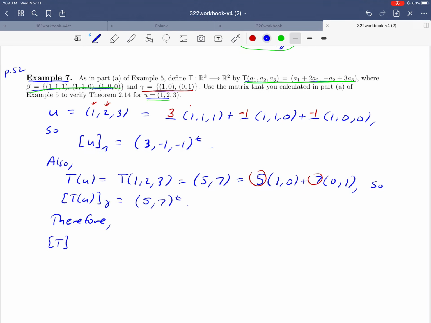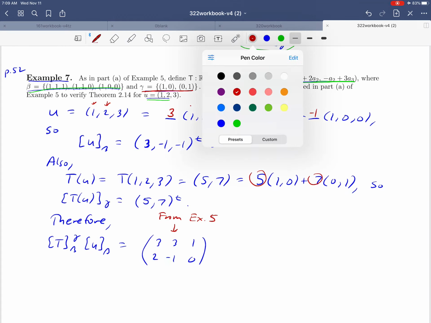The matrix t going from beta to gamma times the coordinate vector of u is 3, 3, 1, 2, negative 1, 0. I am looking back at the calculation that we did in example 5. That matrix didn't come out of the air. We calculated that earlier in a previous example.